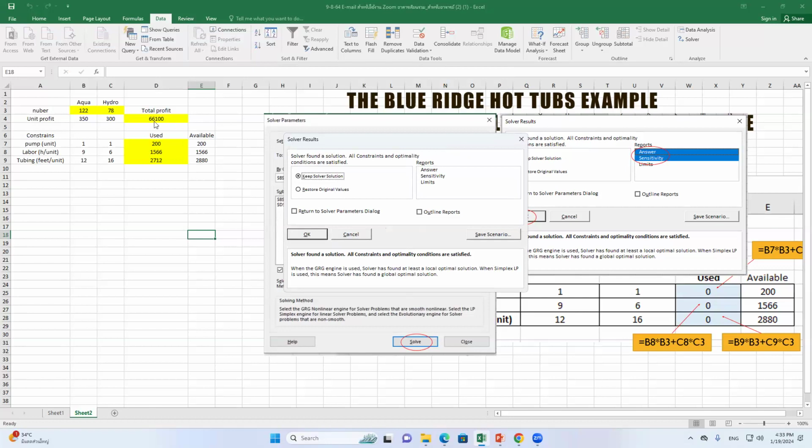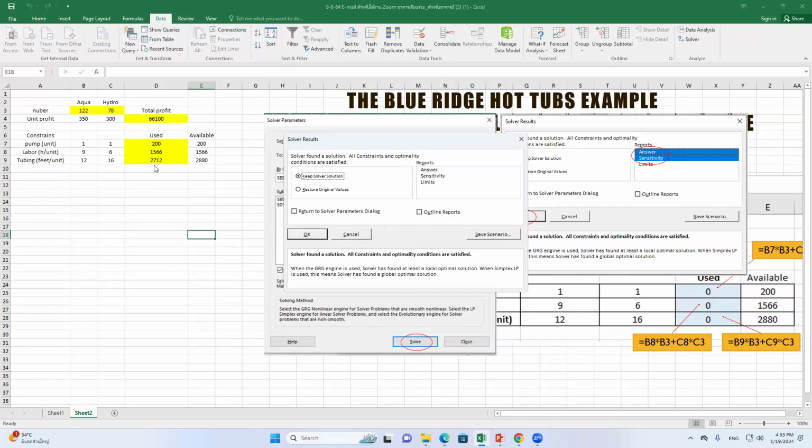And then you get your answer. Quickly, you have to produce 122 alpha, 778 alpha hydro, and the profit is $66,000. We use pump 200, and the labor we use all of the time available.